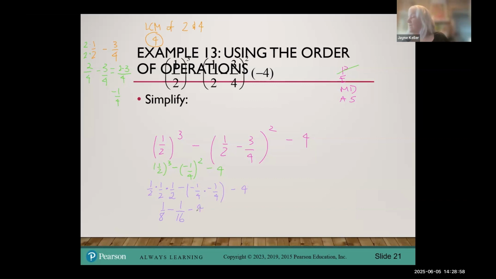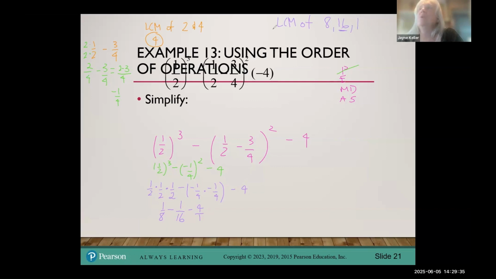And now I need a common denominator again. This time I want the LCM of 8 and 16, and the 4. It's always helpful to rewrite the 4 as a fraction, 4 over 1, just to remind you. So really I want the LCM of 8, 16, and 1.